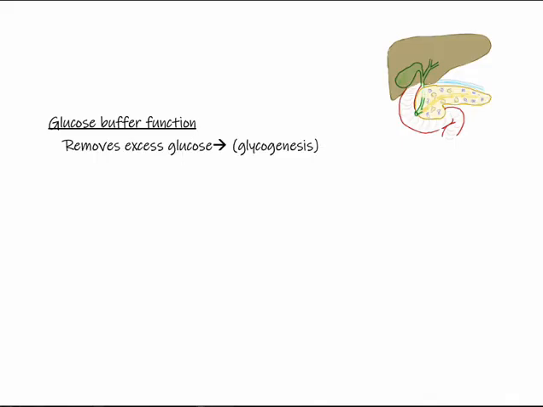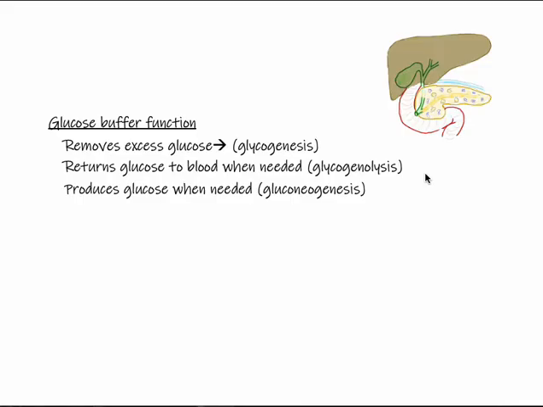And what we mean by that is it has the ability to remove excess glucose from the plasma, and when it removes it, it then will store it in the form of glycogen, and that's called glycogenesis. If we are low on glucose, then it can return this glucose back to the plasma, and that's called glycogenolysis.